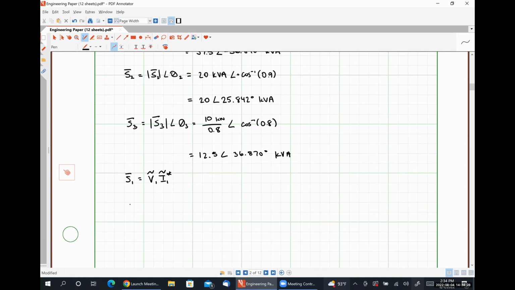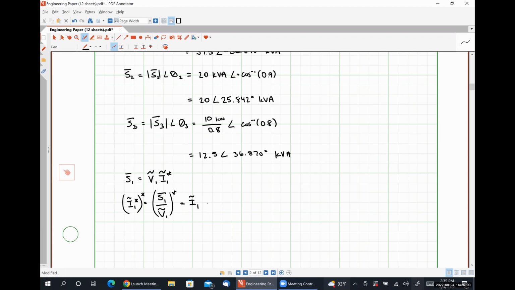So this means that the complex conjugate of the current is simply S1 over V1. And I can take the complex conjugate of both sides of this, and if I conjugate the conjugate, this is just going to give me the I1 that I'm looking for.